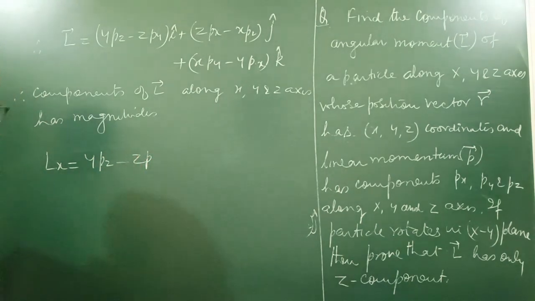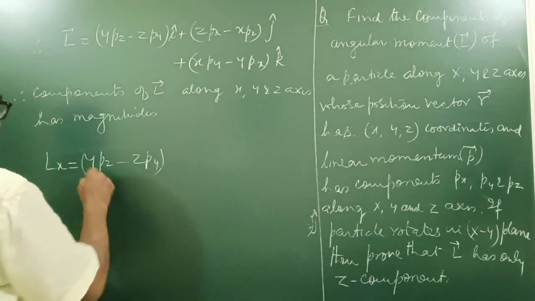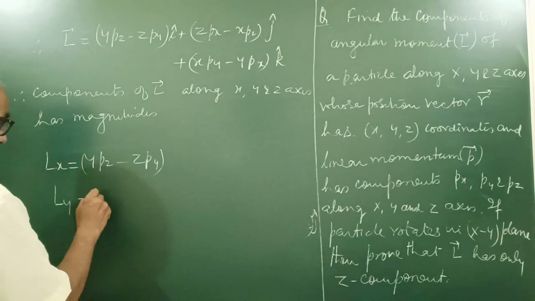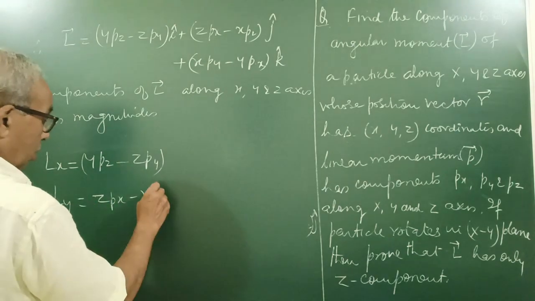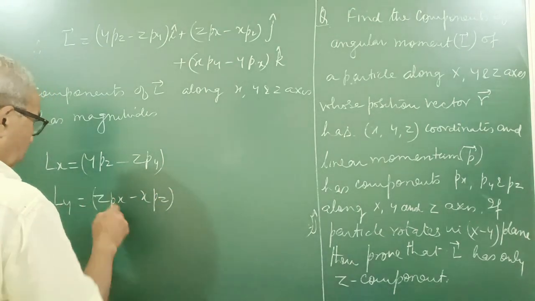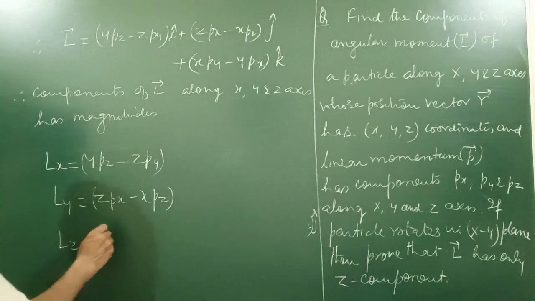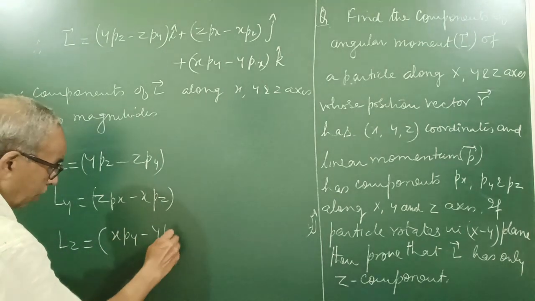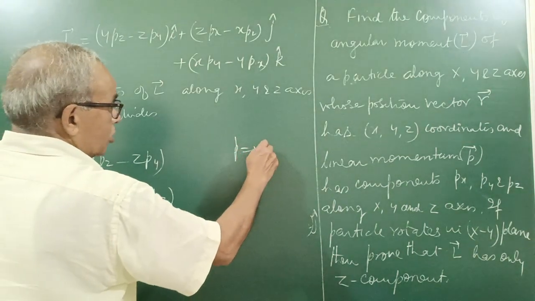Ly equals z px minus x pz, and Lz equals x py minus y px. You know p equals mv also.